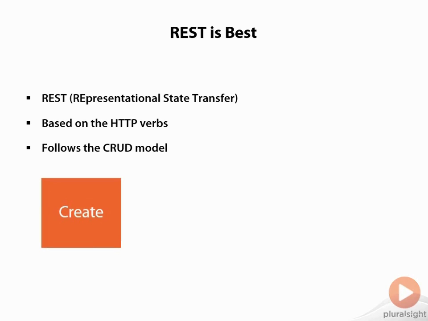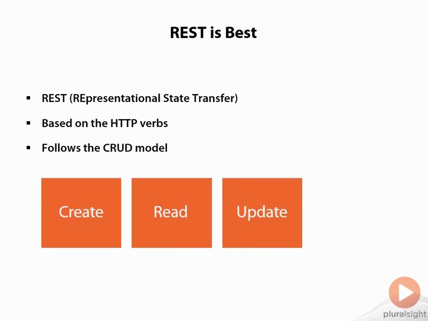What it means is C, create, R, read, U, update, D, delete. All you have to remember, C, R, U, D. Using these verbs, we can access the API and send commands to it in order to create resources, to read existing resources, to update existing resources, and to delete resources.